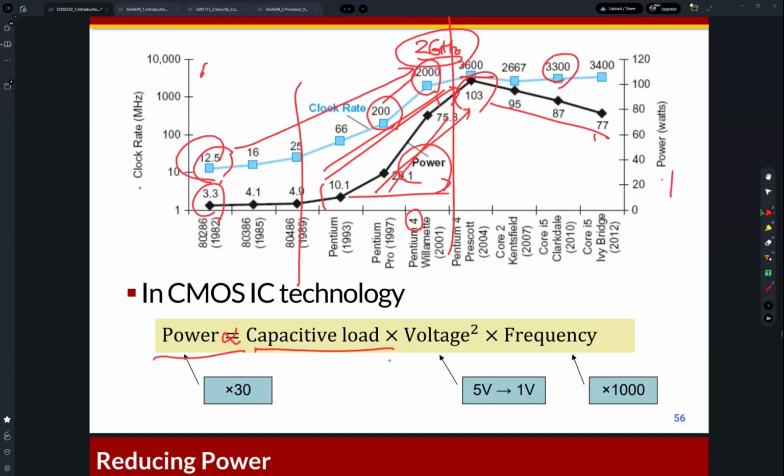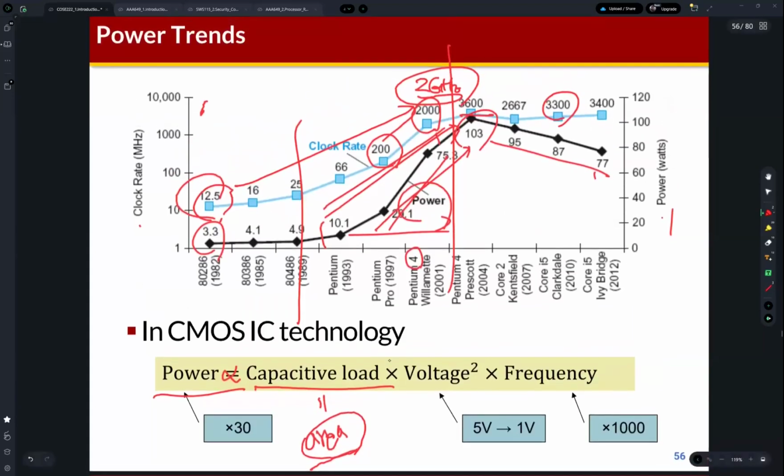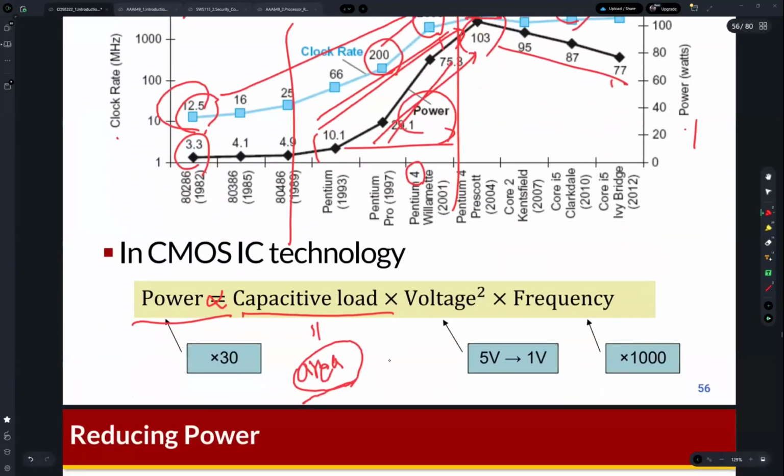The capacitive load is proportional to the area of a chip. You can think that this is proportional to the area of the semiconductor chip. The voltage is the supply voltage, and the frequency is the clock frequency.